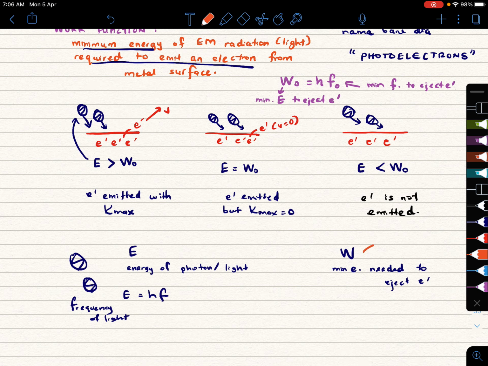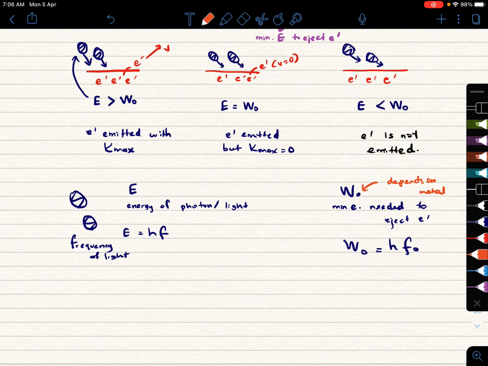So ni depends on the metal. So this one, the formula is W0 is equals to Planck constant, frequency F0. Okay. So F0 ni adalah minimum frequency needed to eject electron.